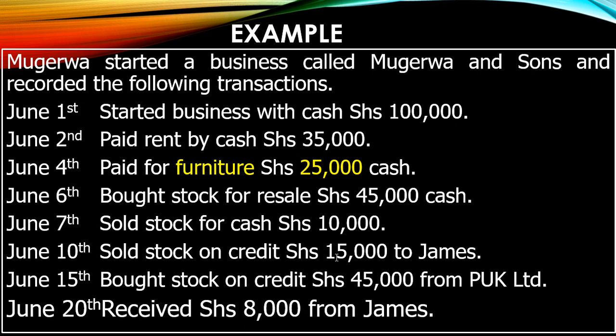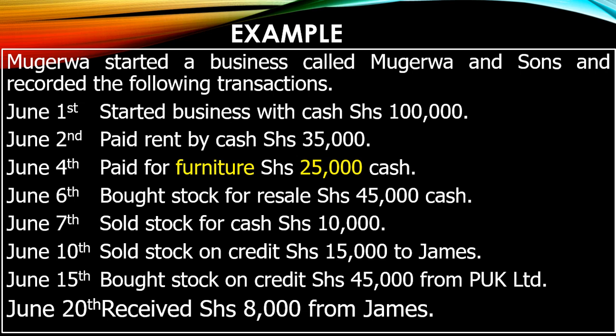That is accrual. We assume that whether we have received money or not, we have made a sale. We have made sales of 15,000 to James. James now is our debtor, our asset. So we are going to debit James and credit sales by 15,000.